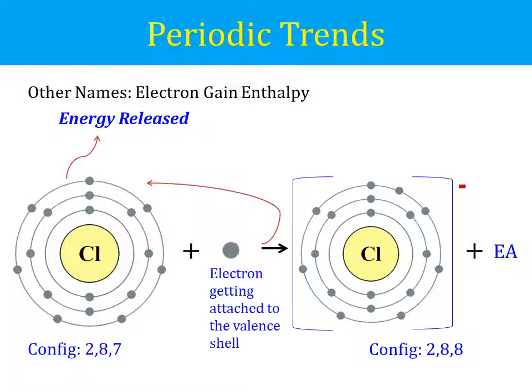And this release of energy, this outcome as a product, is written here as EA. EA stands for electron affinity. As in the definition in the previous slide, when the electron is getting added, it leads to the liberation of energy, and that liberation of energy is what we consider as the electron affinity.